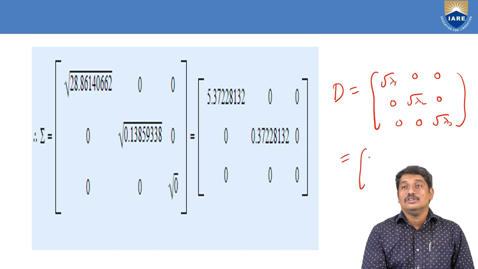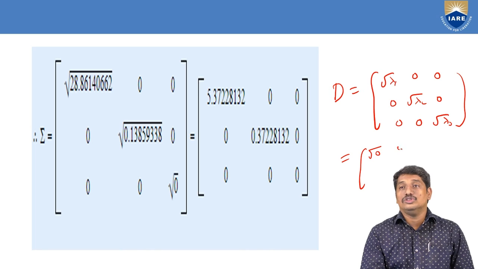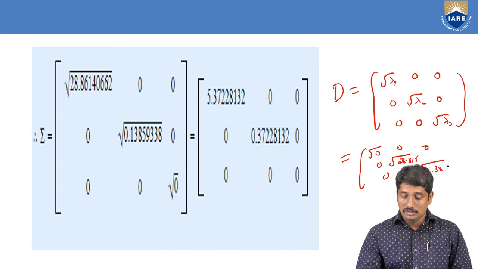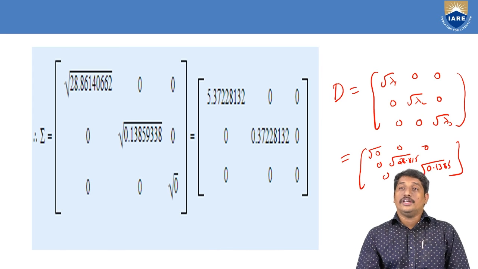That is root 28.815, 0, 0, 0, root 0.1385. Sorry, I made a mistake earlier. It's 0.1385. Okay, this is our D.